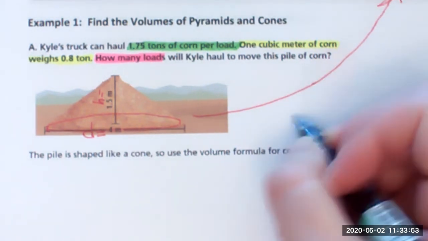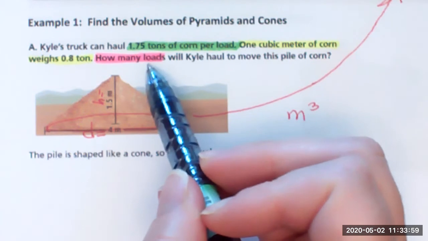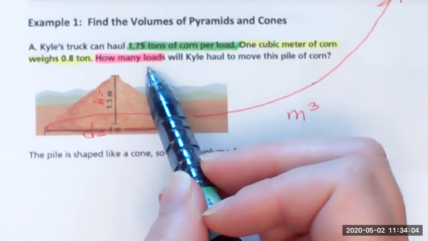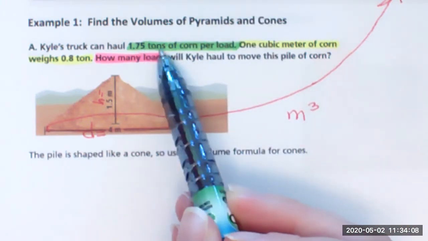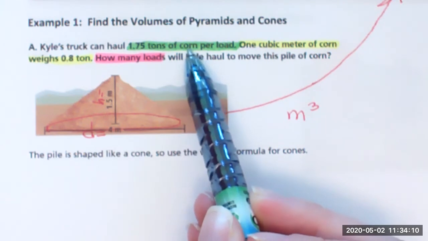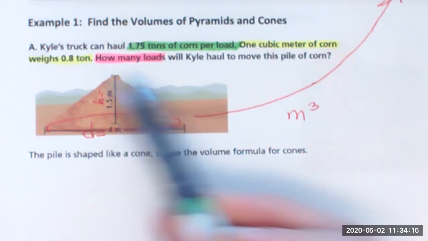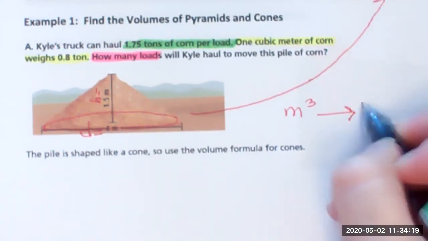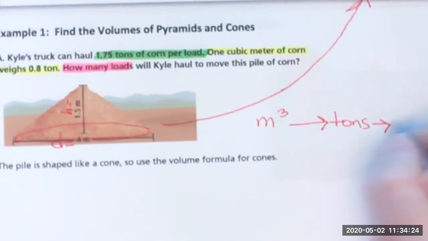So we're starting out here with meters cubed, and ultimately we need to get to loads. But they're telling us that we need a certain number of tons of corn per load, which means we have to convert the cubic meters that we get from the volume of the cone to tons first, and then convert tons to loads.